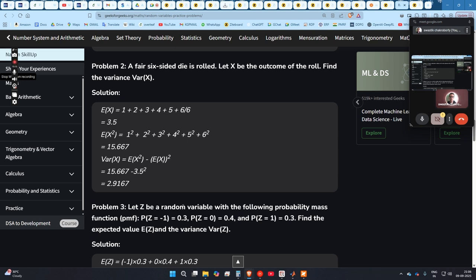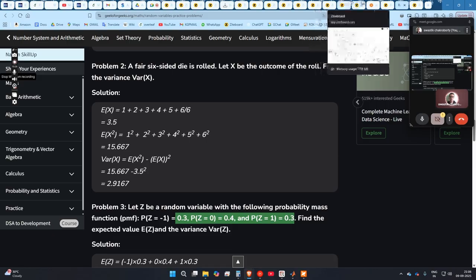When there are multiple discrete points at which the probability is defined, it is called a probability mass function. And this mass function is given as: -1 is 0.3, 0 is 0.4, and 1 is 0.3.